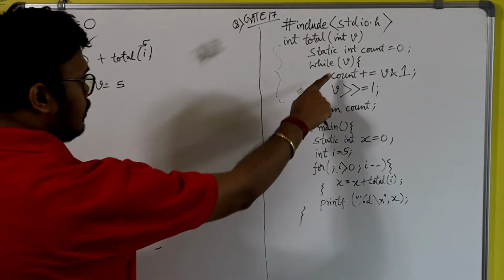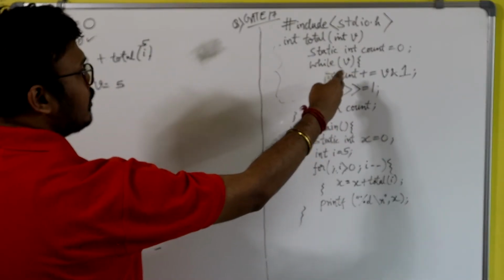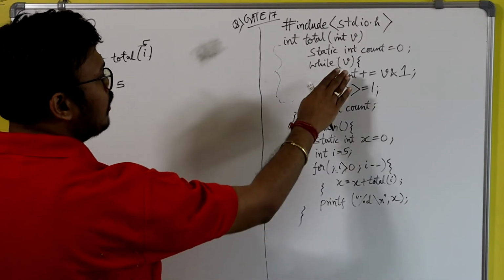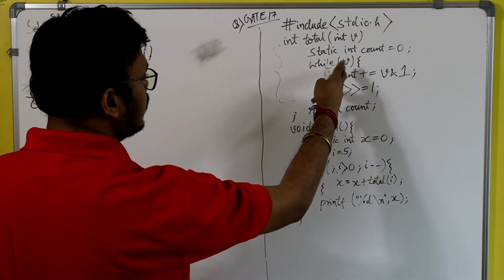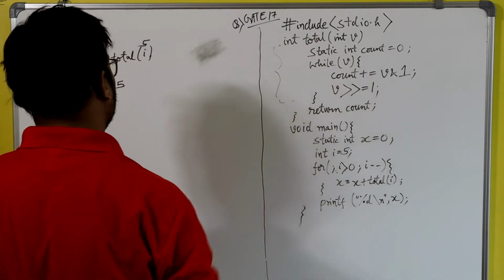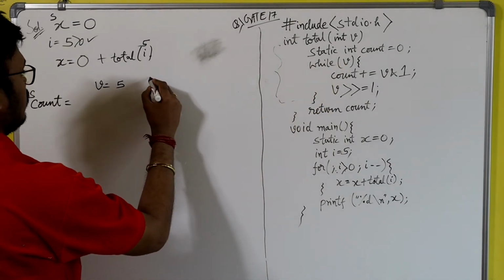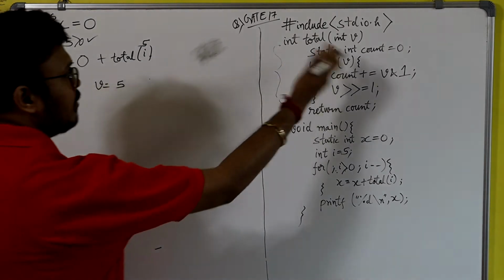This loop will keep on running until the value of v is not equal to 0. If the value of v is equal to 0, then this loop will be broken. So now, while 5: while 5 means true.